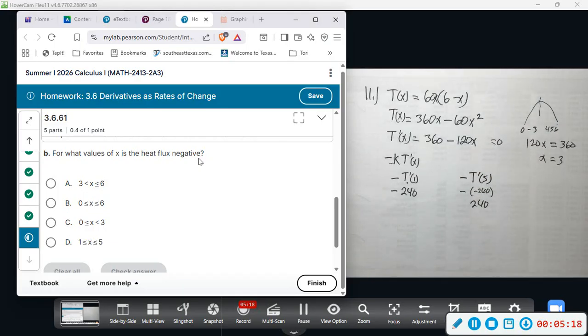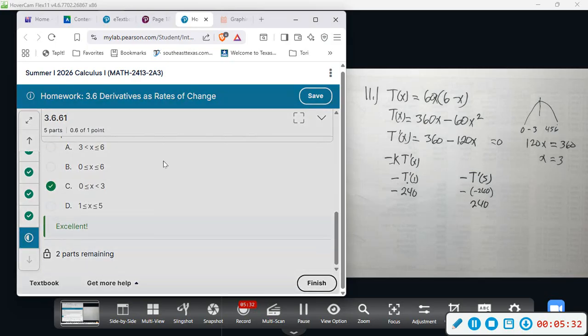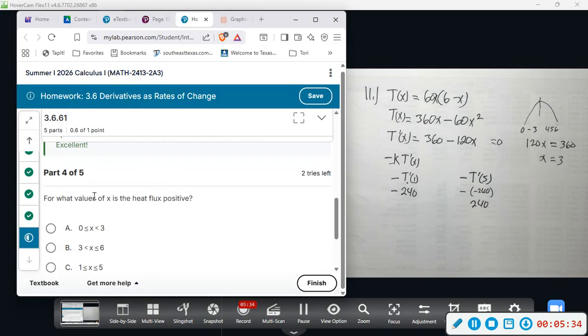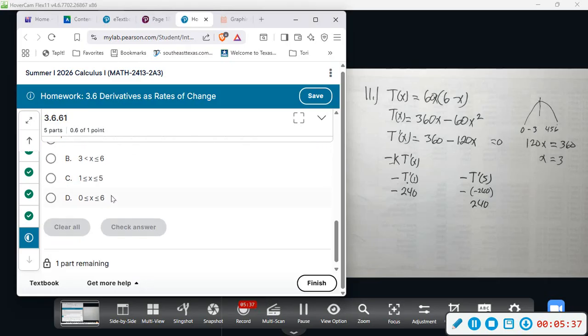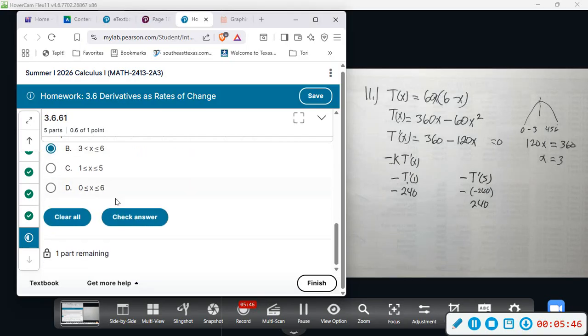So the heat flux is negative for x from 0 to 3. And then we want to know for what values of x the heat flux is positive. That's going to be when x is greater than 3, so 3 to 6, not including 3, but on the other side of 3.